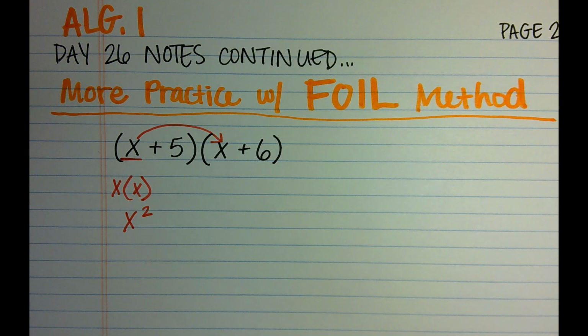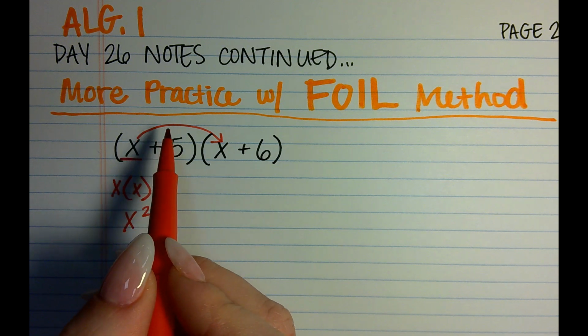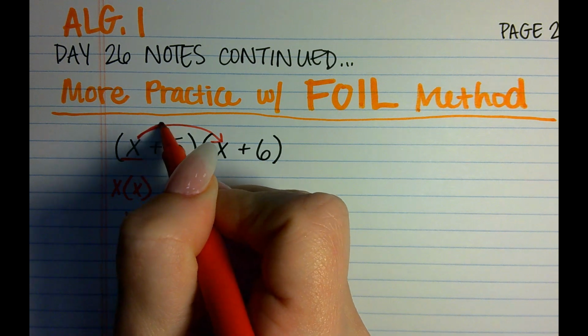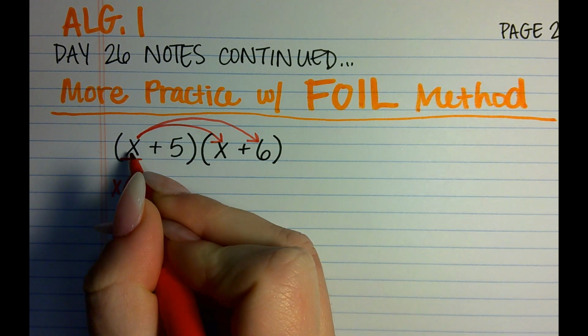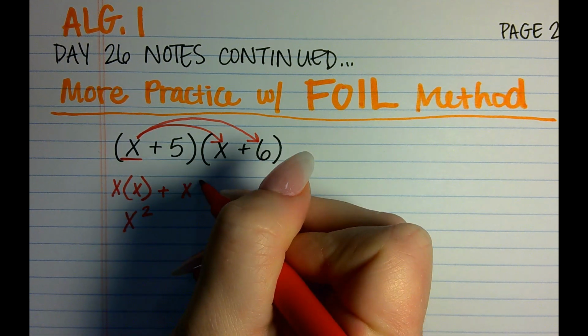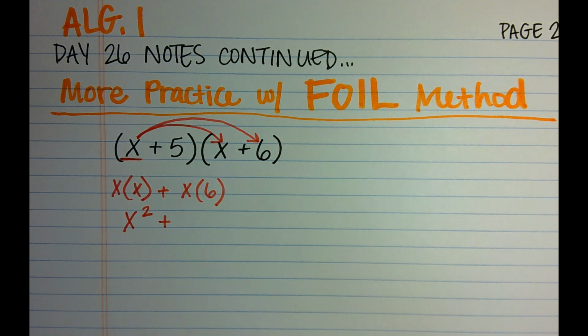That's going to be the outer terms, which is x and 6, good. So now I'm doing x times 6, which gives us what? 6x.